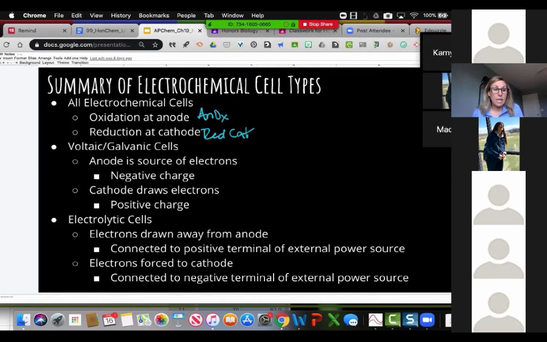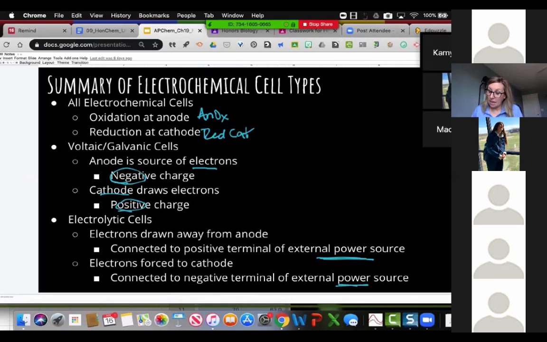If you have a voltaic cell, the anode is the source of electrons. The anode has a negative charge. The cathode has a positive charge. If it's an electrolytic cell, the electrons are drawn away from the anode because they're connected to a terminal of an external power source. Then the electrons are forced to the cathode because of that power source that's connected.